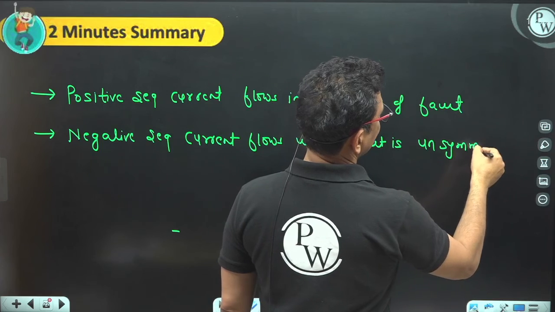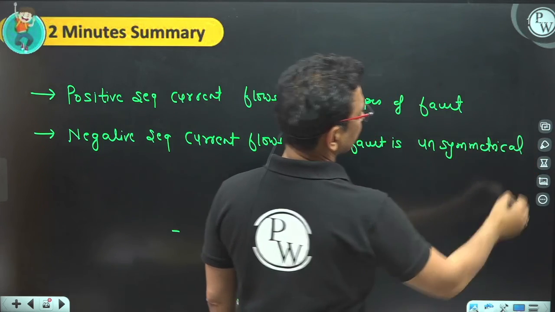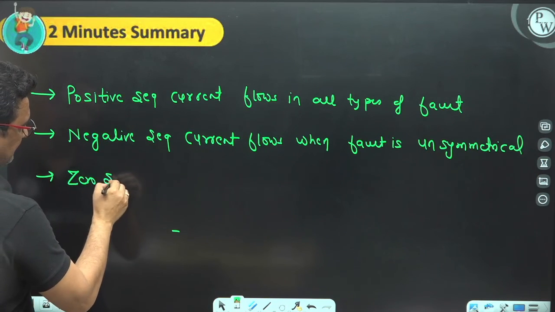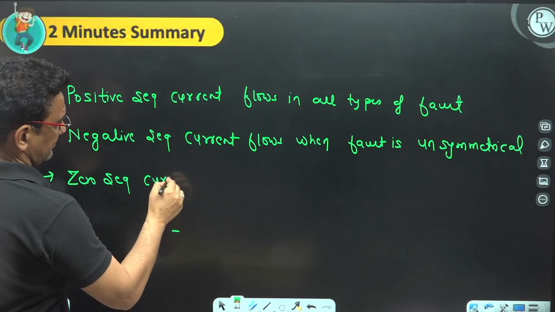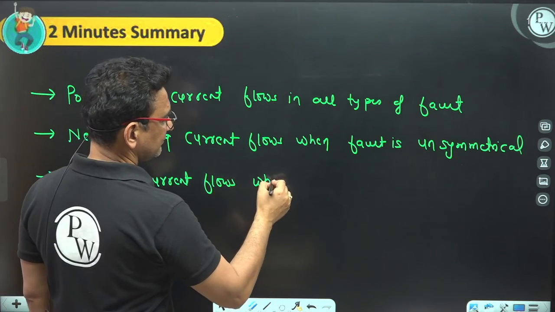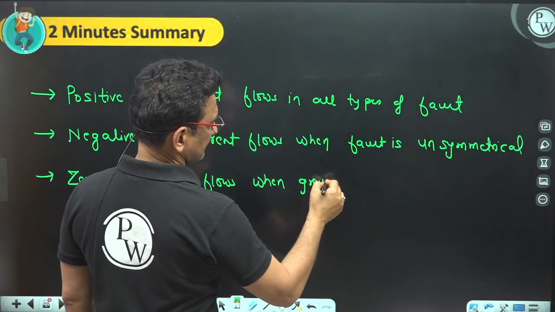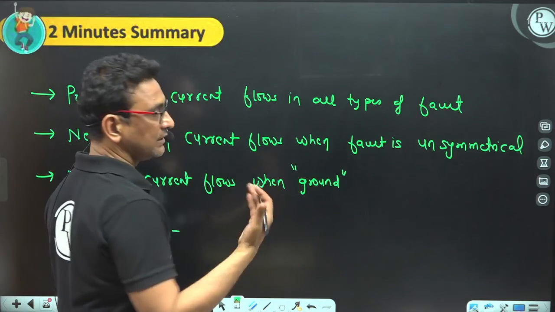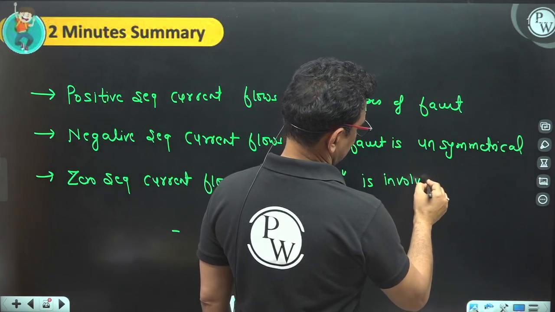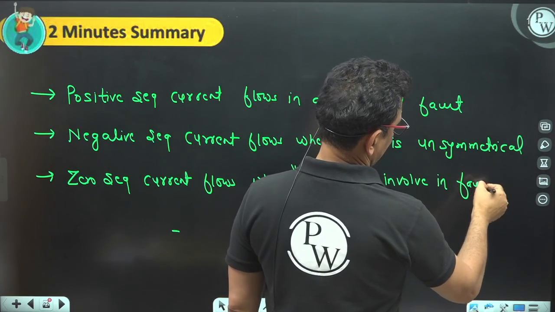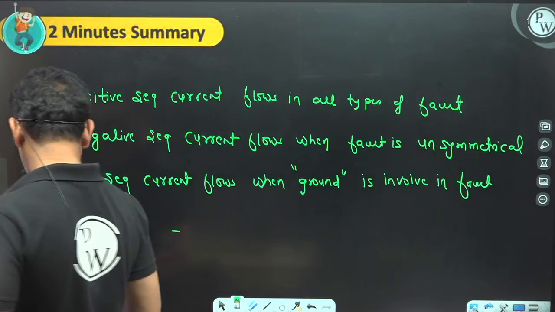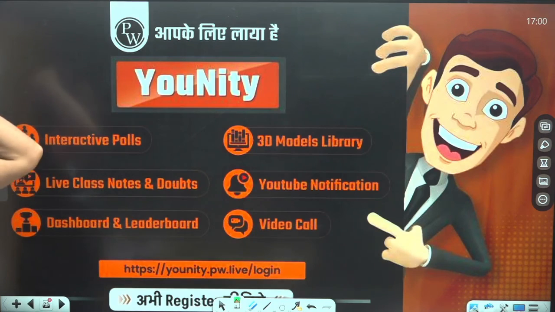That means for the symmetrical fault, the negative sequence current does not flow. And the zero sequence current flows when ground is involved in the fault, like line to ground fault and double line to ground fault. Clear? So this is all about the fault, a brief introduction of the fault.